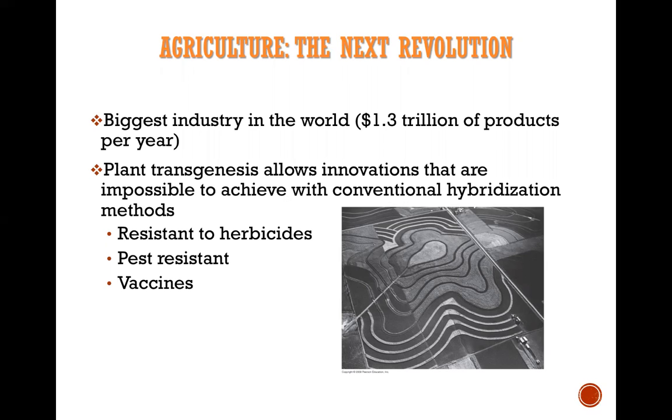And this allows us to move past traditional breeding that relies on genetically related plant organisms to make that cross. And outcomes of this technology have been to develop plants that are herbicide resistant, pesticide resistant, as well as incorporating vaccines. And that's a new technology, and we're not quite there yet. And I'll say more about that in a little bit.